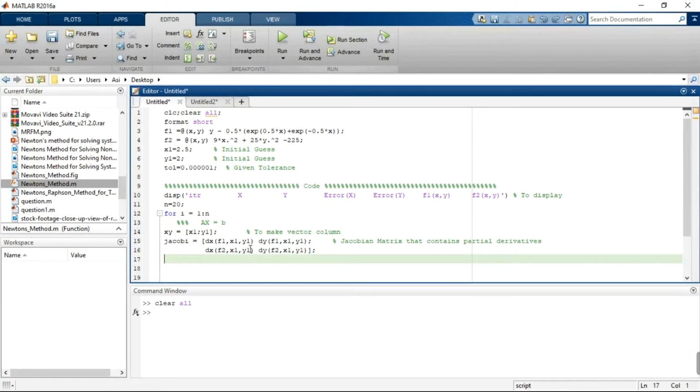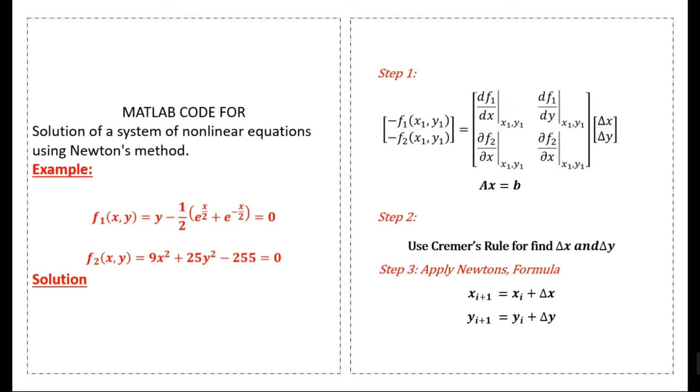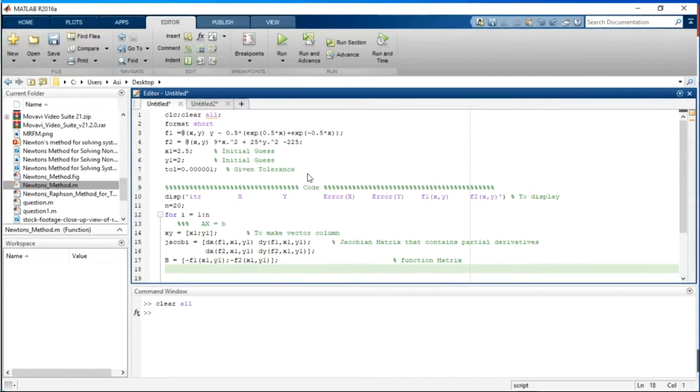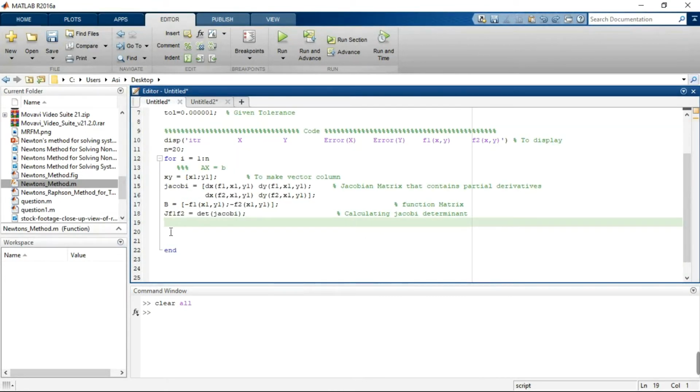Next we write the vector b, the function matrix, in which we write our functions: minus f1 at x1 and y1, and minus f2 at x1 and y1. And J of f1 f2 is equal to the determinant of the Jacobi matrix.